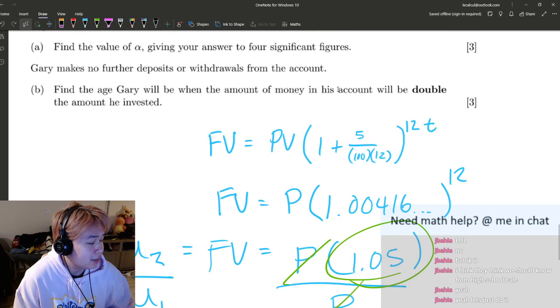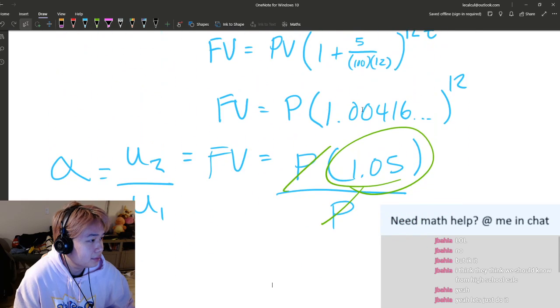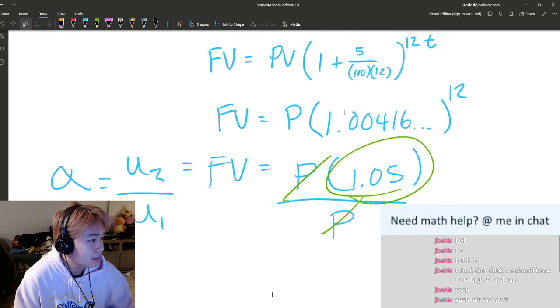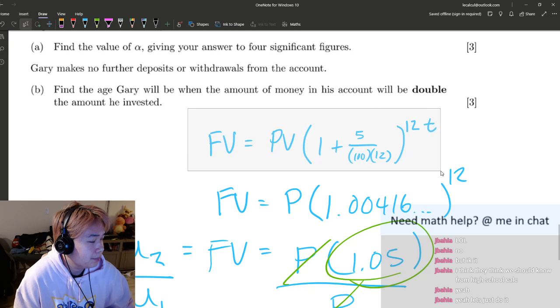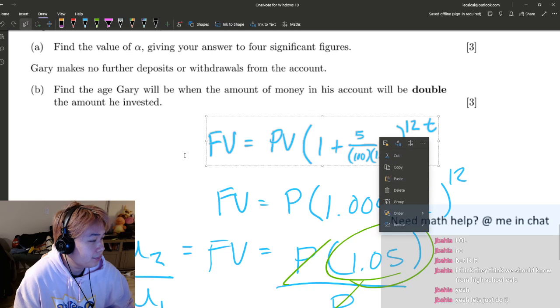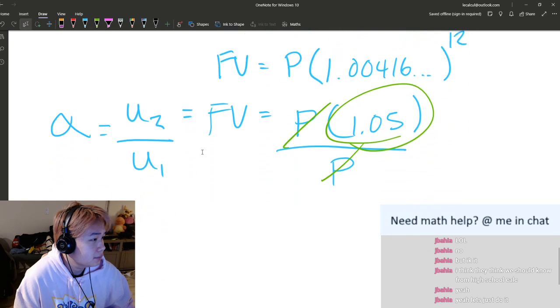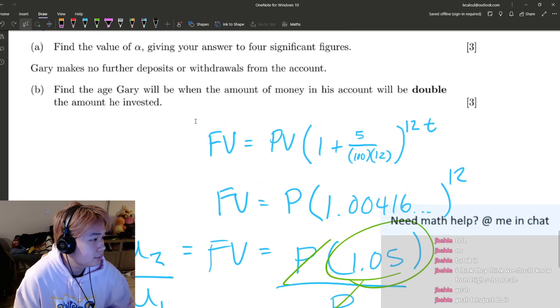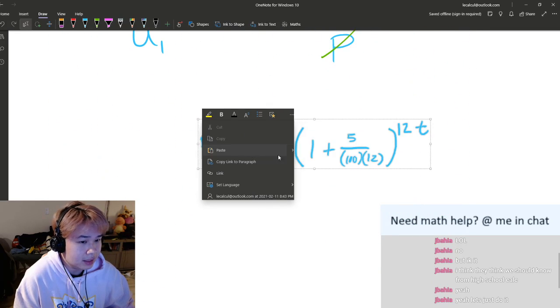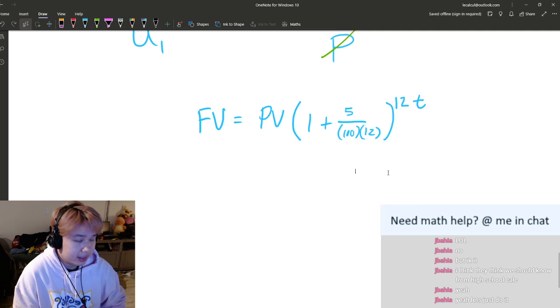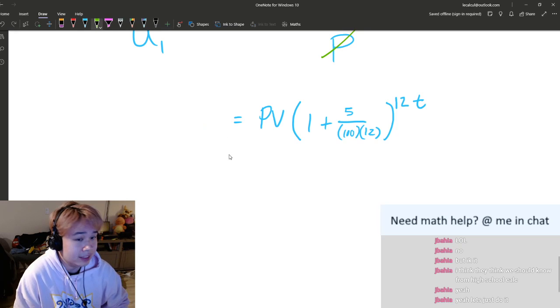Anyways, find the age when Gary will double his money. Okay, so I'm going to stick with the investment formula. And I want to find out when the future value is double the present value.